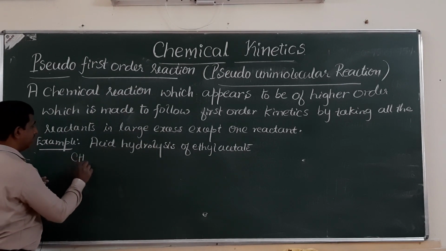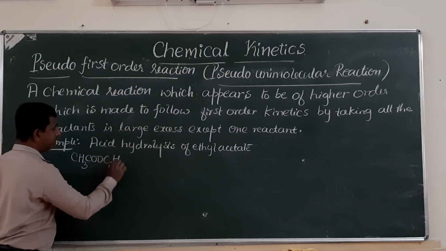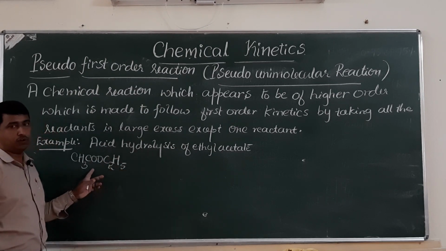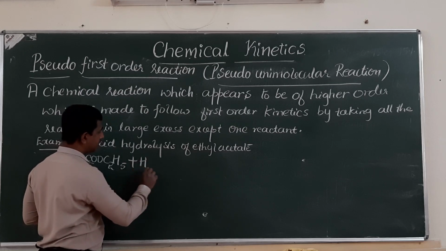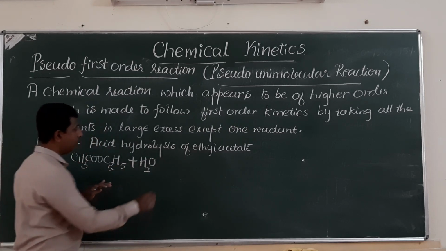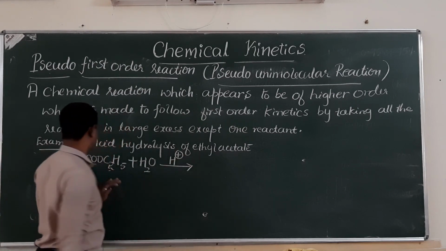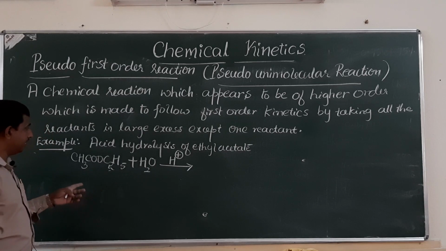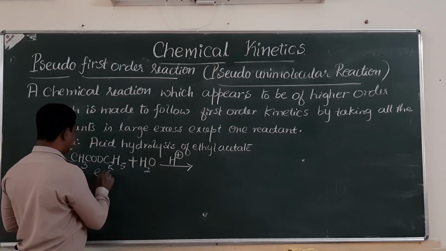Formula of ethyl acetate is CH3COOC2H5. Hydrolysis means decomposing the molecule by adding water. Acid means H plus. So acid hydrolysis of ethyl acetate: ethyl acetate is an ester.